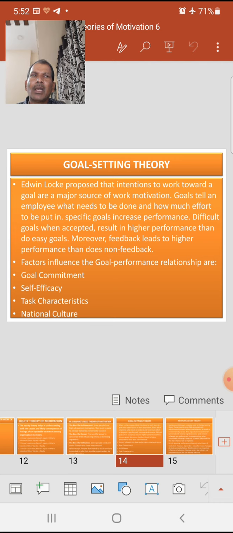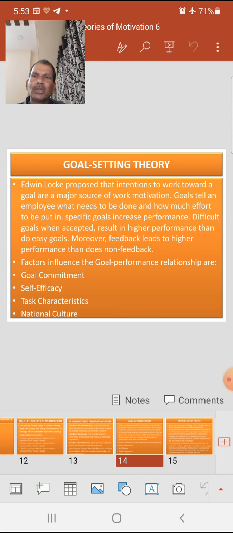Once an employee accepts a hard task, he or she will exert a high level of effort until it is achieved, lowered, or abandoned. People will do better when they get feedback on how well they are progressing toward their goal, because feedback helps to identify discrepancies between what they have done and what they want to do.